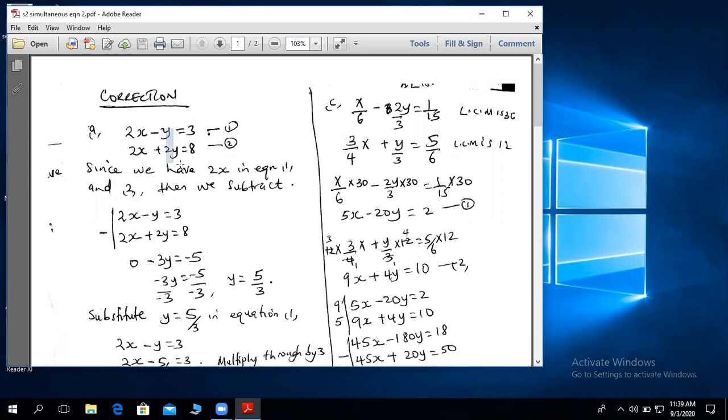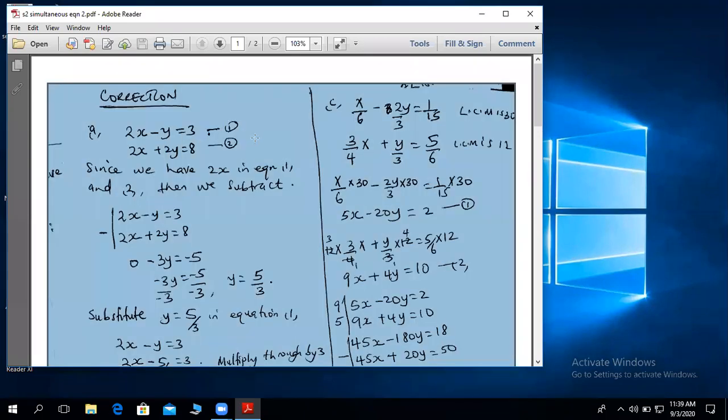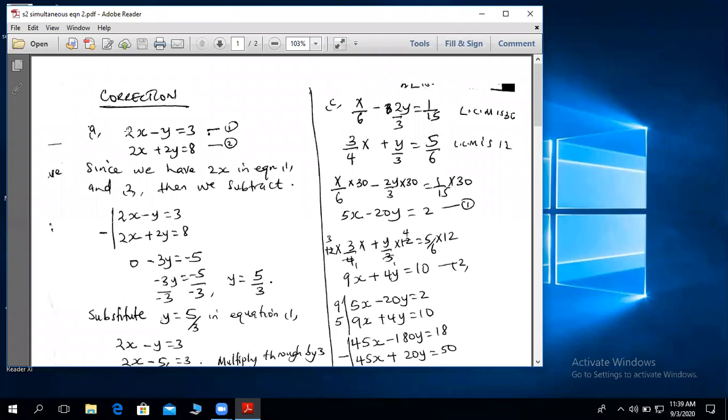So this is what I mean by arranging. That's how you arrange the equations. So if you want to eliminate x, now there is no need for me to multiply by 2 because 2 is the same. The coefficient of x here is 2. You can see it even in the second equation, the coefficient of x here is 2. Yeah?